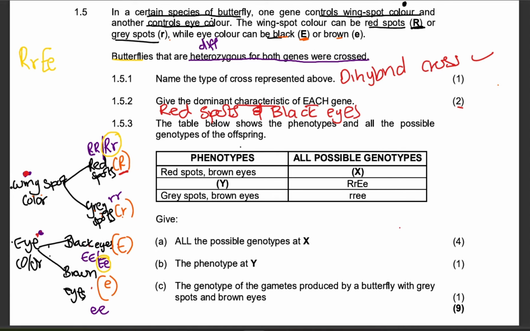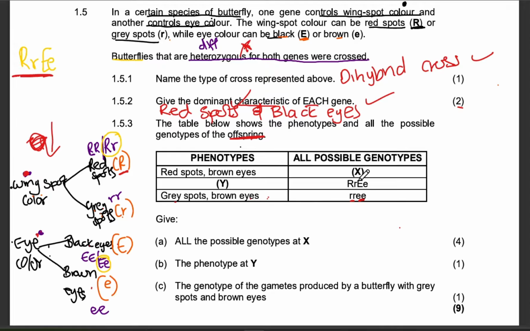Now this is very easy because you have all of this information here. If we look at the last one, the genotype is small letter r, small letter r, small letter e, small letter e. With the r's, we're talking about the wing spot. That is gray spots. Small letter e, brown eyes. So this offspring has gray spots and brown eyes.